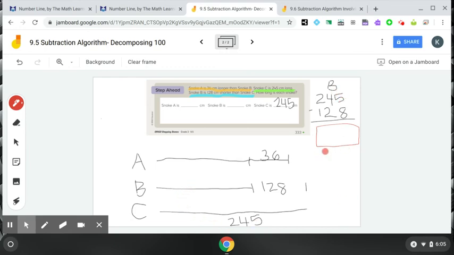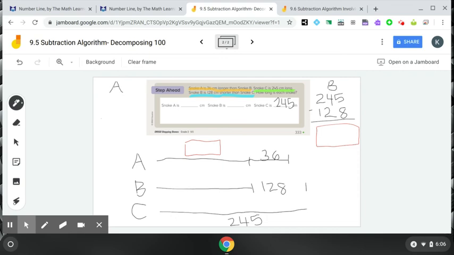And once I know snake B's length, I would take that, and it says that snake A is 36 centimeters longer than snake B. So once I have that information, look what I could do to figure out the length of snake A. Snake A's number sentence would be what?